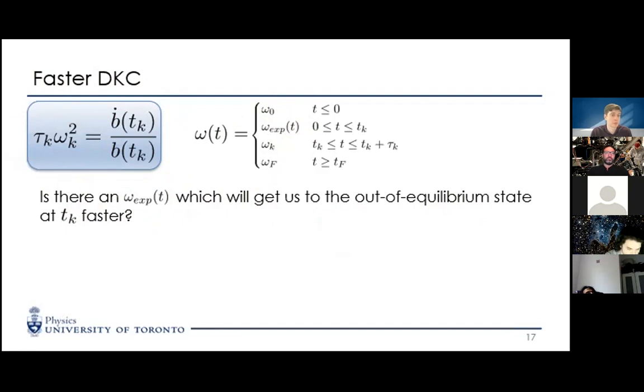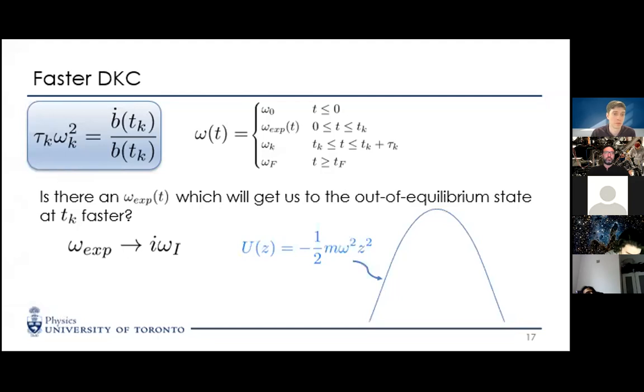That would be a faster protocol. Well, as Batuhan was bringing up at the beginning of this talk, one protocol to do that would be a repulsive potential. So that corresponds to setting our trap frequency in the expansion phase to an imaginary number.